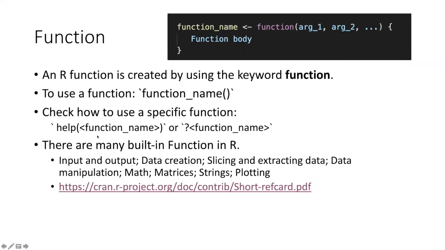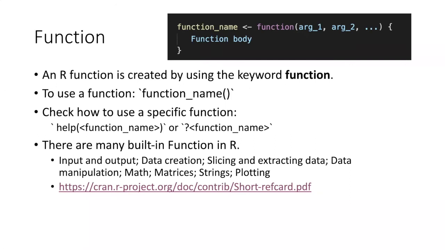There are many built-in functions in R that cover a lot of different things, like input and output, data creation, slicing and extraction, data manipulation, math, matrices, strings, and plotting. So there are a lot of different functions, and it's hard to learn every single one before you start programming in R. But as Casey mentioned before, it's always good to sharpen your sword before you actually use it.